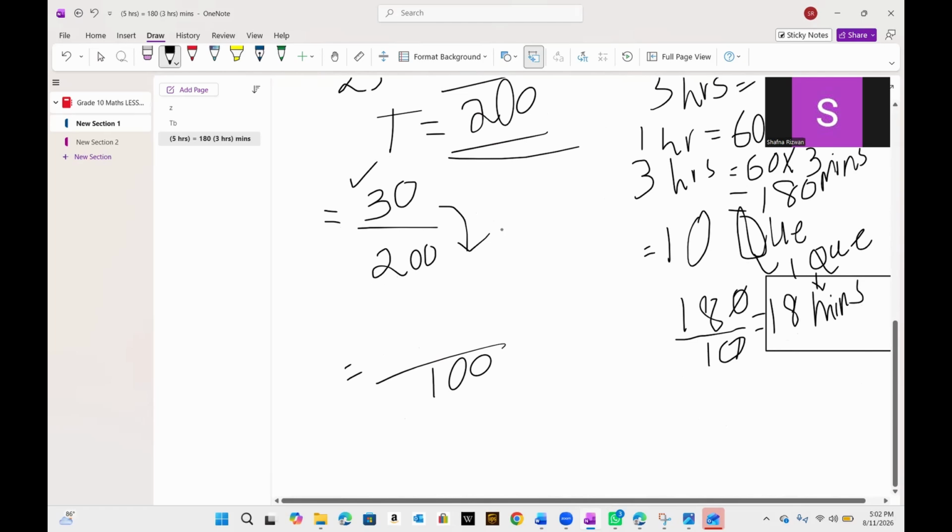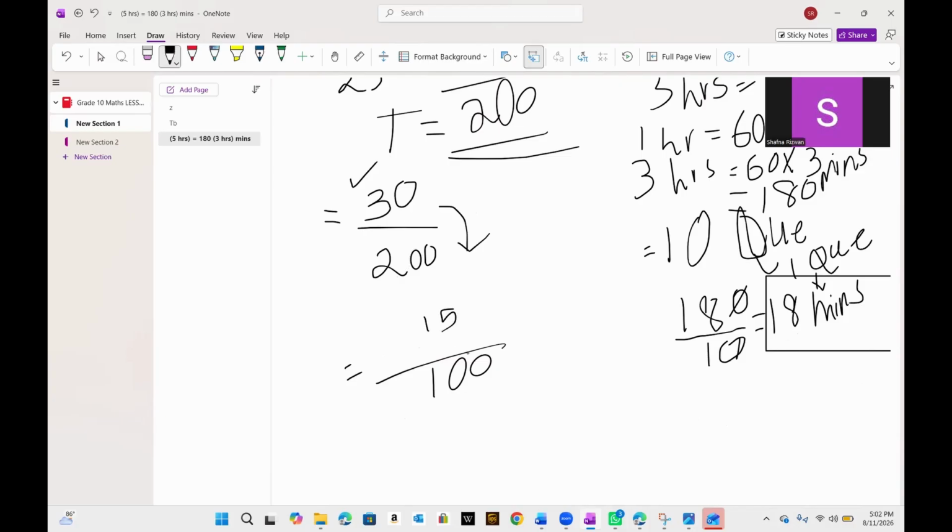If you want to do it easily, logically, if 30 is out of 200, then it should be 15 out of 100. Why? Because 100 is half of 200, and if for 200 you have 30 marks, for 100 it should be half of 30, which is 15.